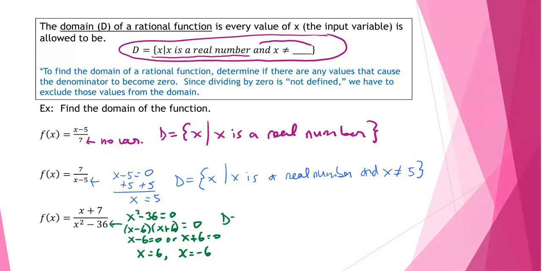So when we describe our domain, we're going to say our input is x. x is a real number is the fancy way of saying pretty much everything works for x, except that we do have to be worried about negative 6 and 6. And then I'll close that off.